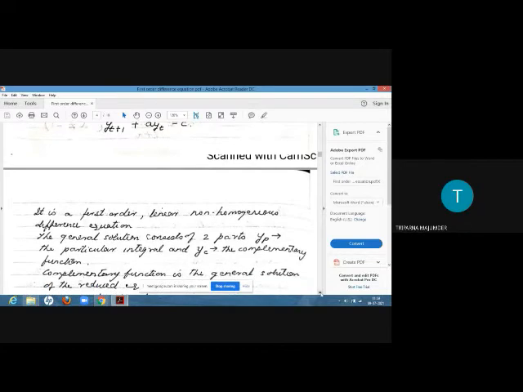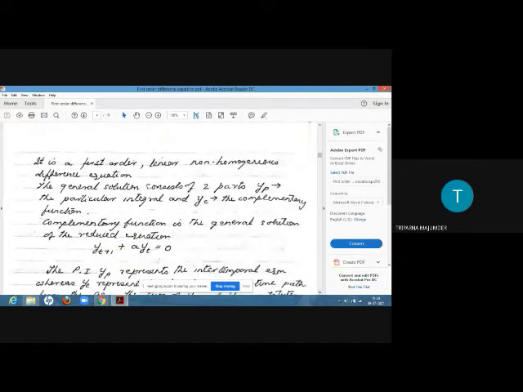The next point is that the general solution consists of two parts, y_p, the particular integral, and y_c, the complementary function. The complementary function is the general solution of the reduced form. That is, we make the right-hand side, which does not have any y term, equal to 0, and we get the equation in its reduced form: y_{t+1} + a y_t = 0.